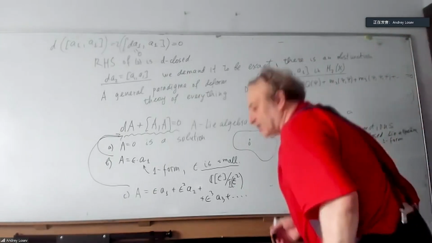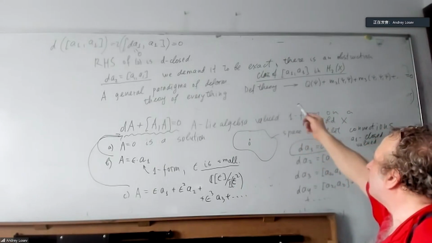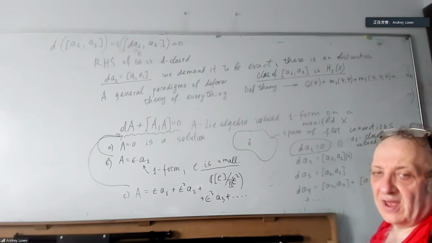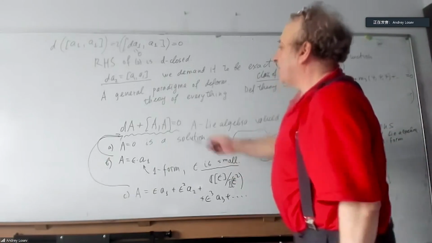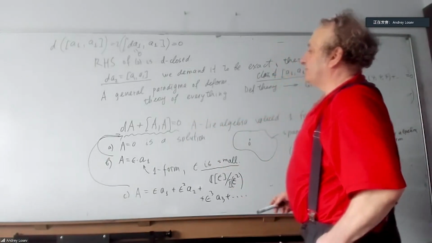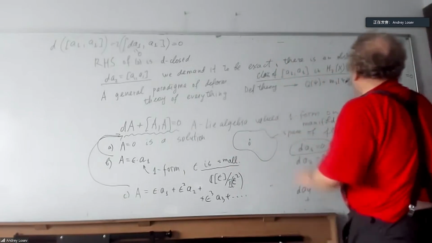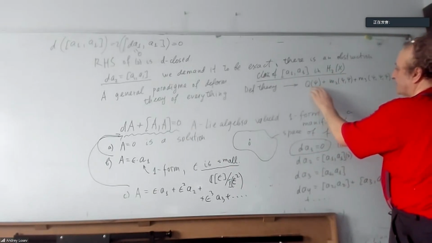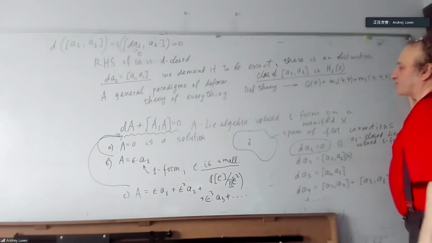So when you would like to study deformation theory of something, you need to transform the problem to such a form. And that's exactly what we did in this model of flat connection. And solutions to linearized equations are called infinitesimal deformations. And the operation M2 is called an obstruction.